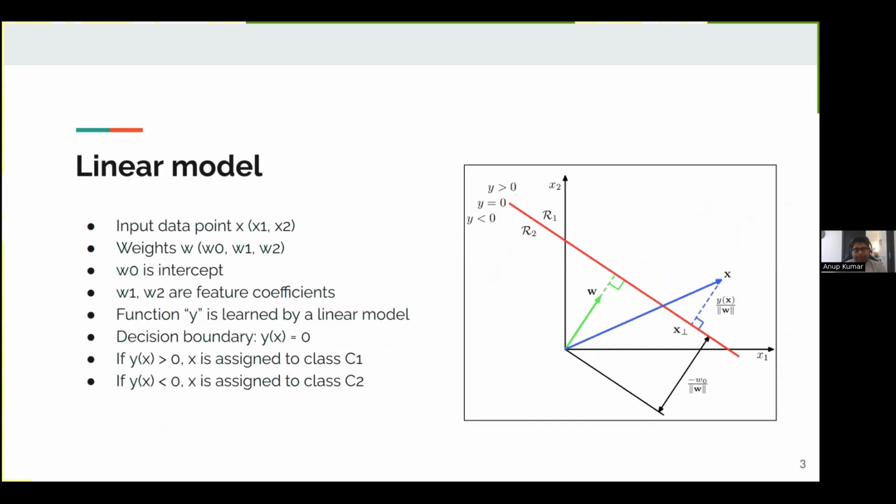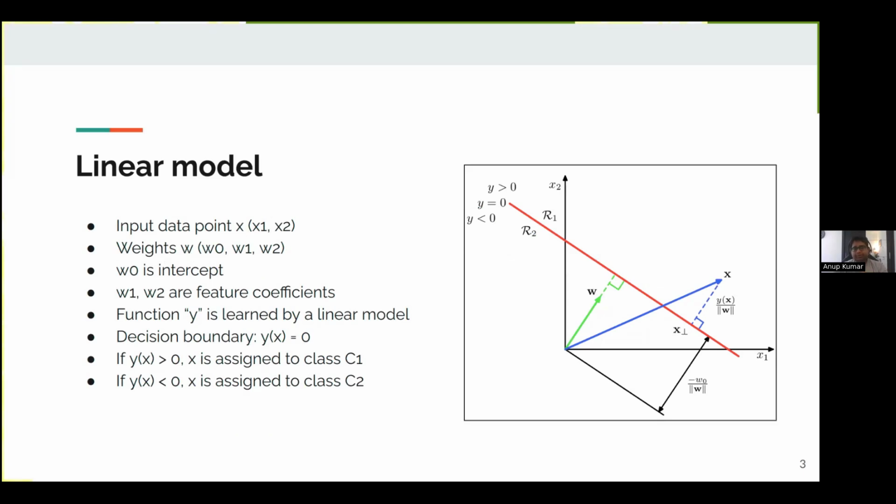Let's look at different models for classification. First, we look at a very simple model, a linear model. In the image here, we can see we have two axes, x1 and x2, and a data point which contains two features, x1 and x2, can be represented as x. And then x could lie anywhere in this space. Then the model learns the weights.